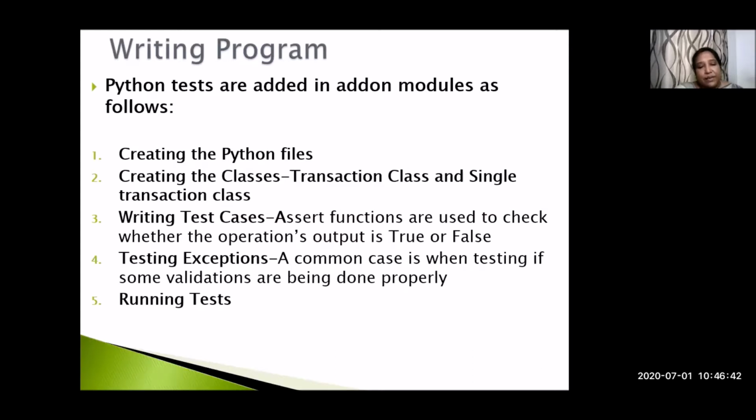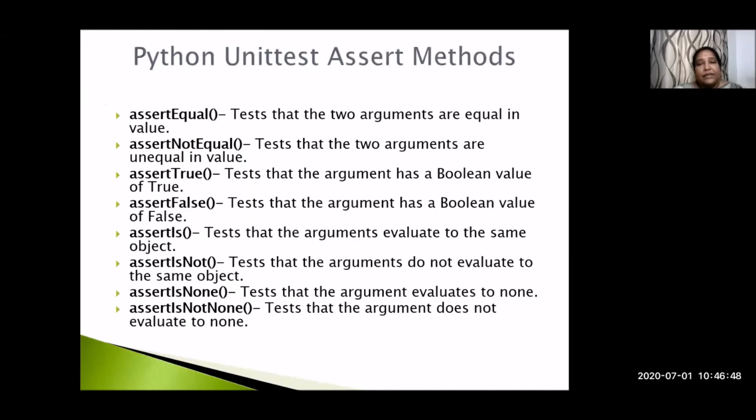After completion of all these things, you just have to run the test. And as I told in the third point, after the class, you have to give the assert methods. Actually in Python unit test, there are more than 40 assert methods, and here I have listed some examples.